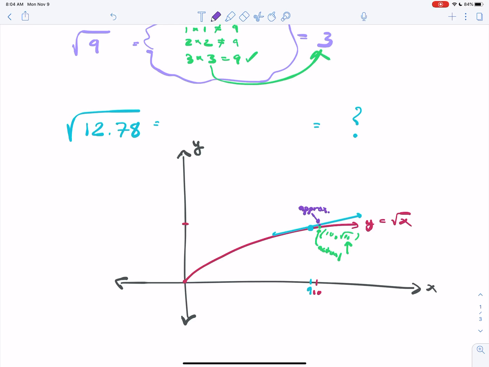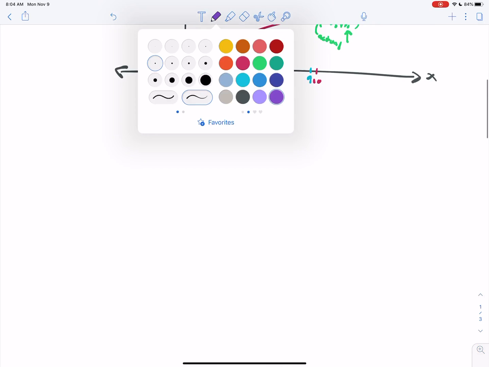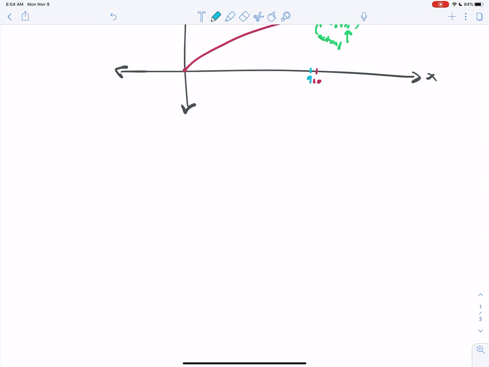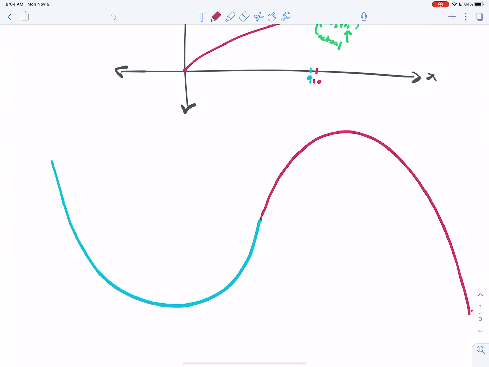Now, one thing that you guys have to understand first is how to draw tangent lines, and I covered this in a previous lesson. Let's say we have this graph here, okay? It has two types of concavity.